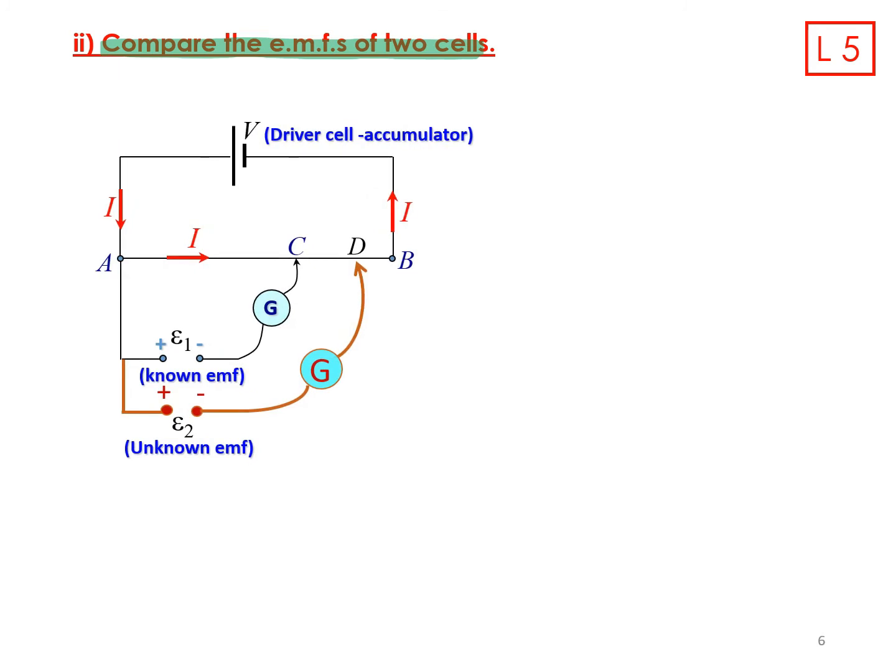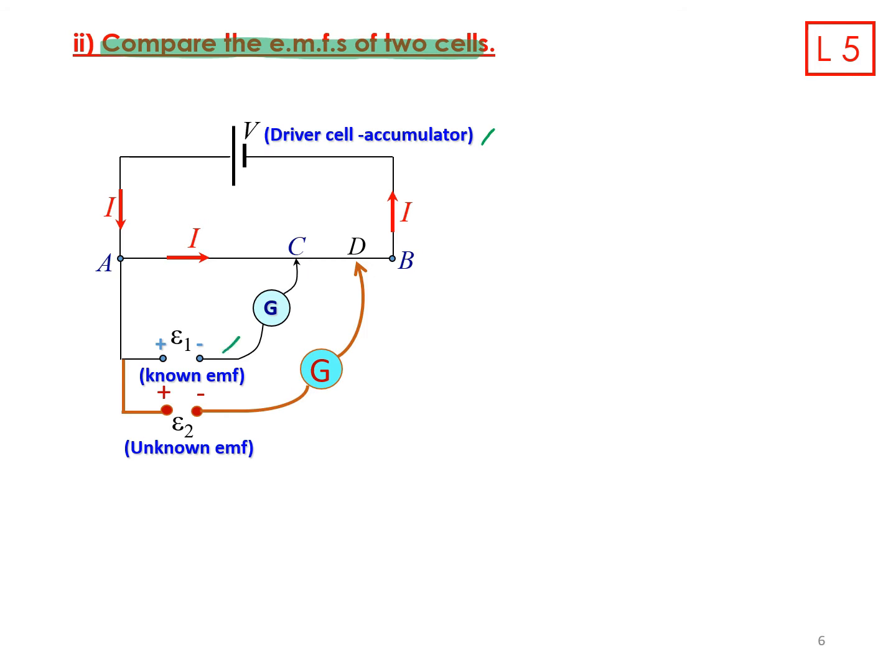Our second application of the potentiometer is to compare the EMFs of two cells. It means you have two dry cells at the lower loop. As usual, you will have the dry cell, your main supply, and you have EMF1 at the lower loop.